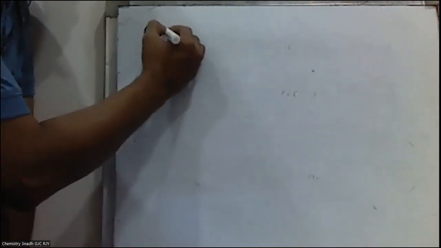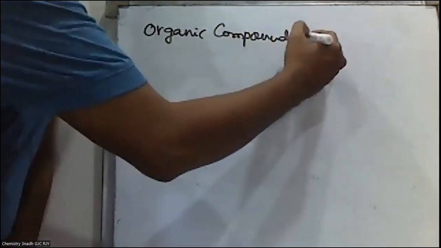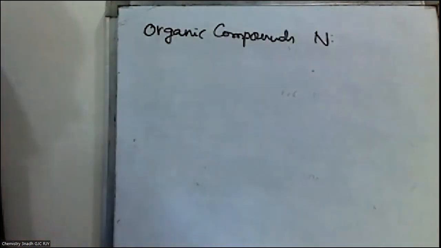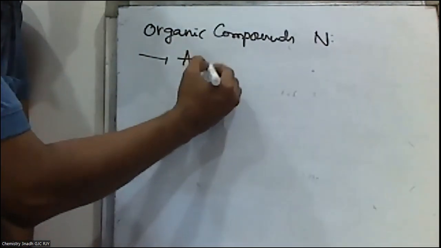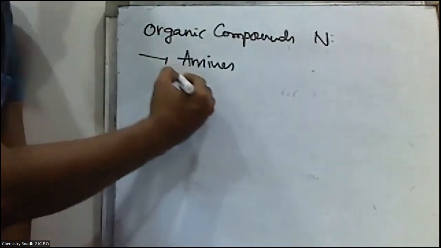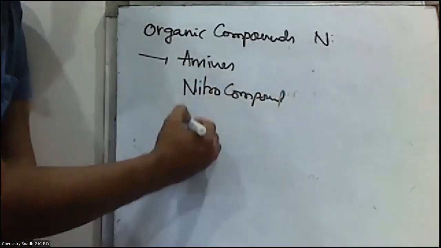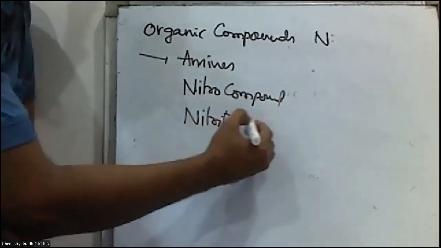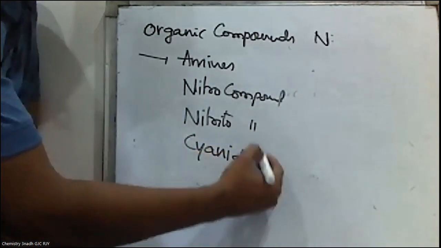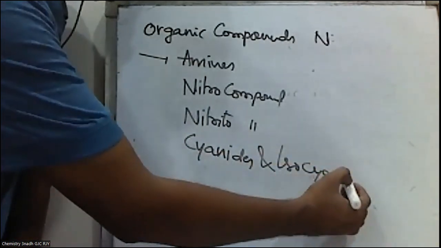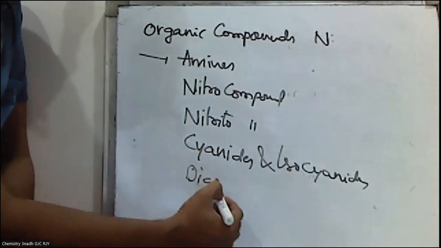Organic compounds containing nitrogen occur as amines, nitro compounds, nitrito compounds, cyanides, isocyanides, and diazonium salts.